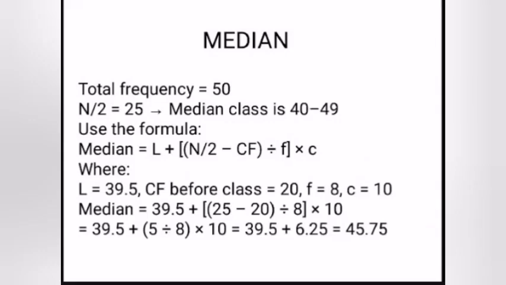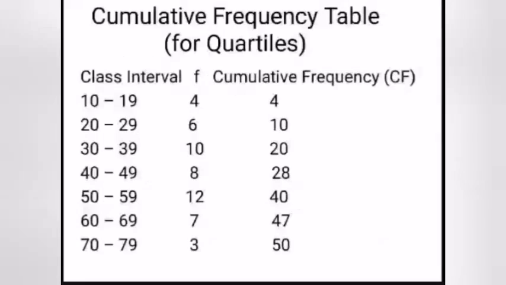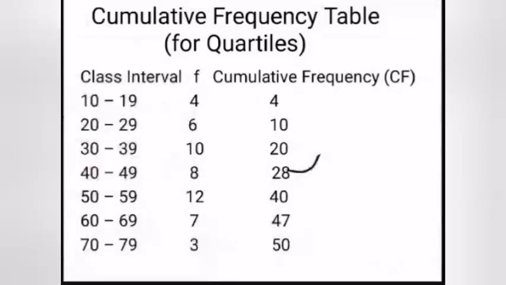So we have 39.5 plus bracket 25 minus the cumulative frequency before the median class. As you can see, this is 28, and the cumulative frequency before 28 is 20. So we're going to use 20 there.